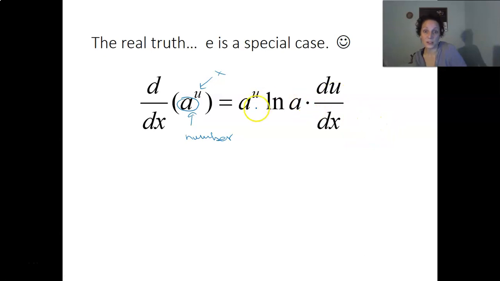Notice the rule hasn't changed much. The derivative of a to the u has an a to the u and a chain rule chunk. The only thing that changed is this new piece here, the ln of a. In other words, the natural log of my new base. So if your base is something other than e, you're going to follow the same rule, and you're going to tack on an ln of the base. It's a change of base.